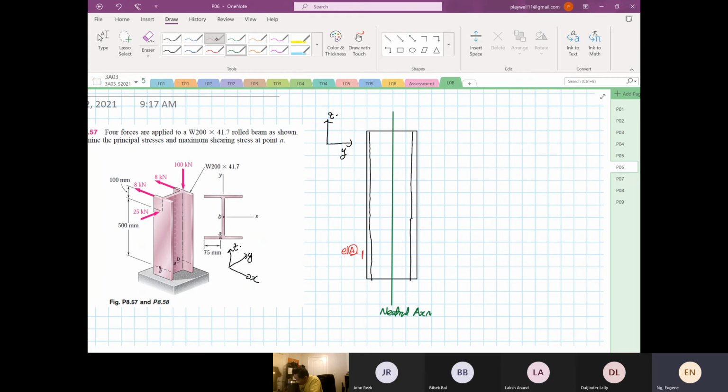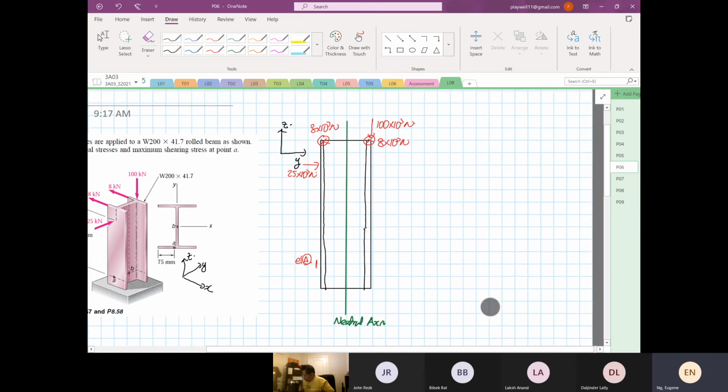So we have a 100 kilonewton over here. And then you have a 25 kilonewton. And then you have 8 times 10 to the power 3 Newton. Okay.